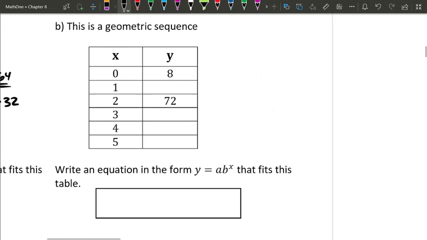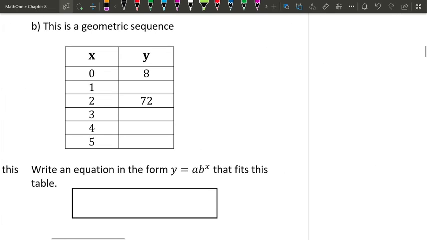So B says this is a geometric sequence. Oh, okay. So if it's a geometric sequence, instead of adding the same thing, I'm growing by multiplication. In fact, if I take the number A, I multiply it by B once, and I multiply by B again.